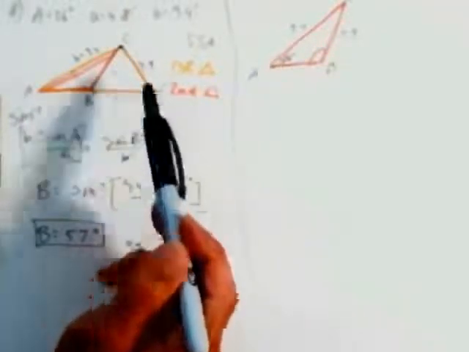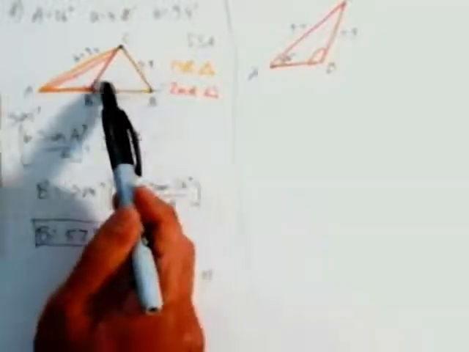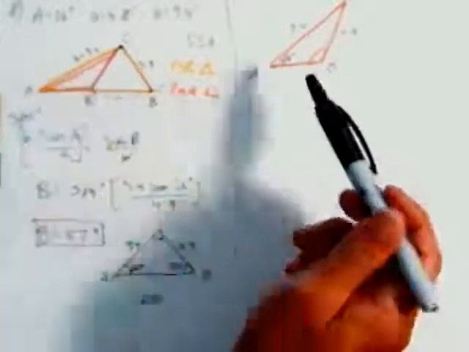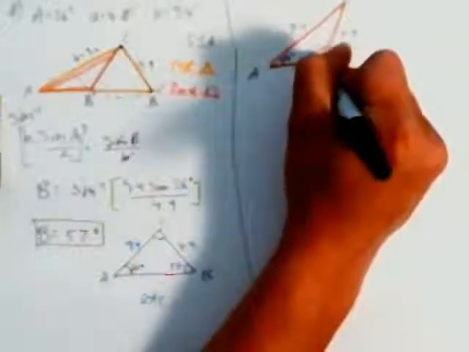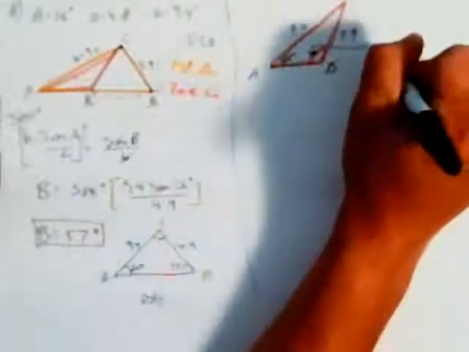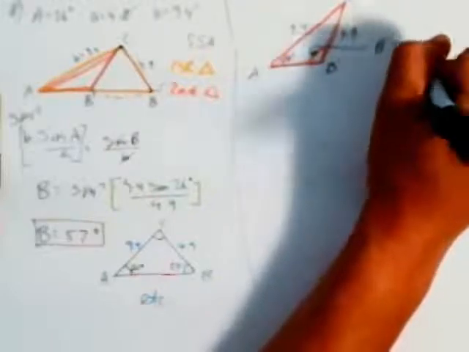This happens to be, we found it, which was 57. This is 57. This angle is supplementary to that. So that's very, very important that you figure out what that is right there. So 180 minus 57. On my calculator, and B prime is equal to 123 degrees.